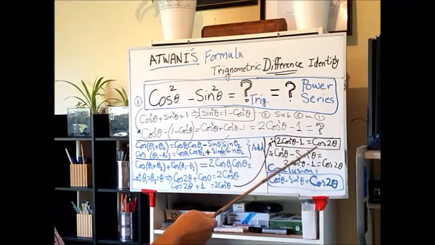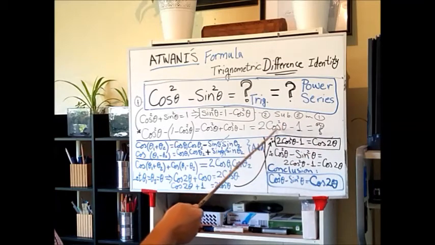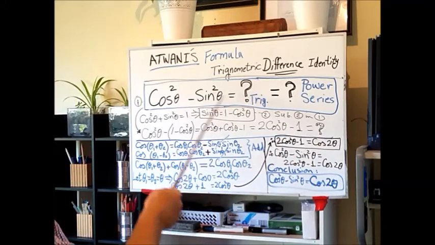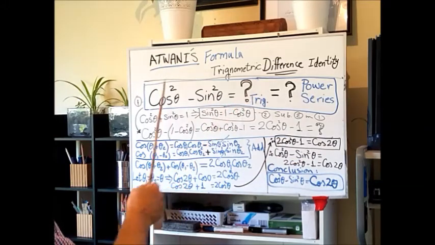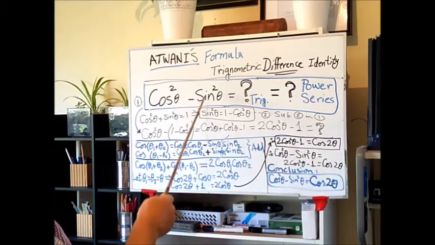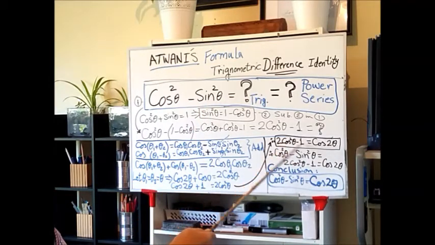So by putting 2 cosine square theta minus 1 equal to cos 2 theta in the original equation 1, we get cos square theta minus sine square theta equal to 2 cosine square theta minus 1, but this will be equal to cos 2 theta. And this is the conclusion.